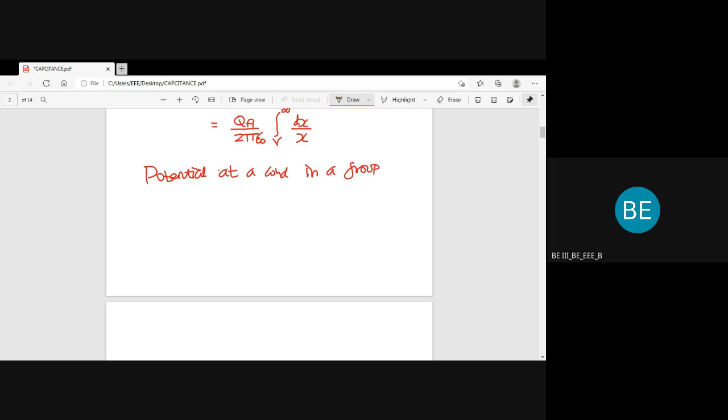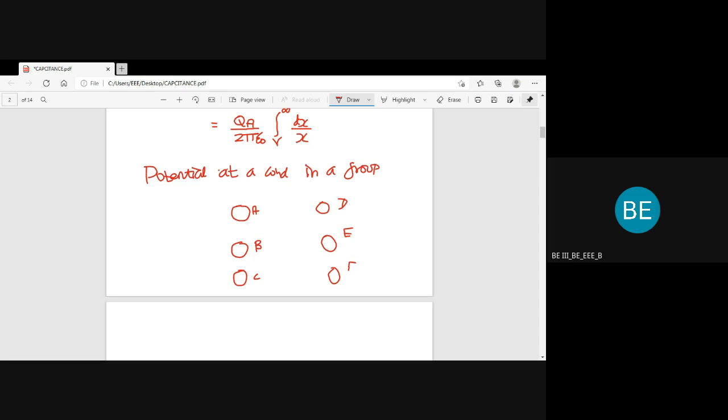So instead of one conductor, I am considering conductor A, conductor B, conductor C, conductor D, E, F. So I am having multiple conductors with their respective charges.